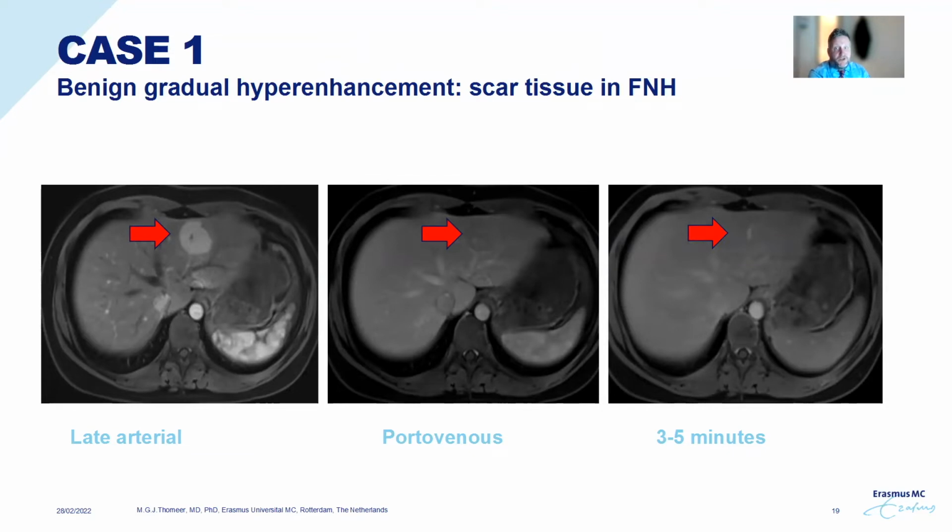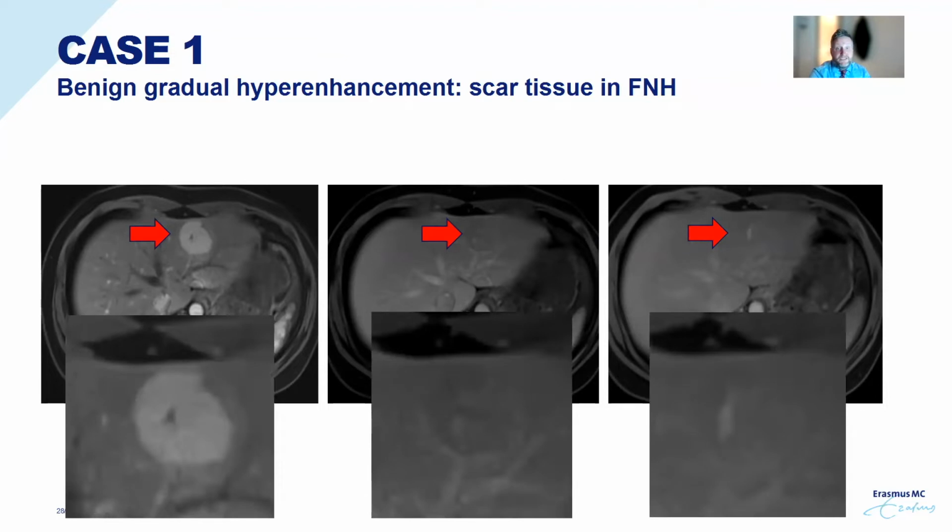This case is a typical example of a benign tumor with central fibrosis, scar fibrosis, which is enhancing only on the late phase. These are some magnified views of the different phases with central scar enhancement. So if you have a homogeneous tumor with central scar enhancement, that's very typical for an FNH.